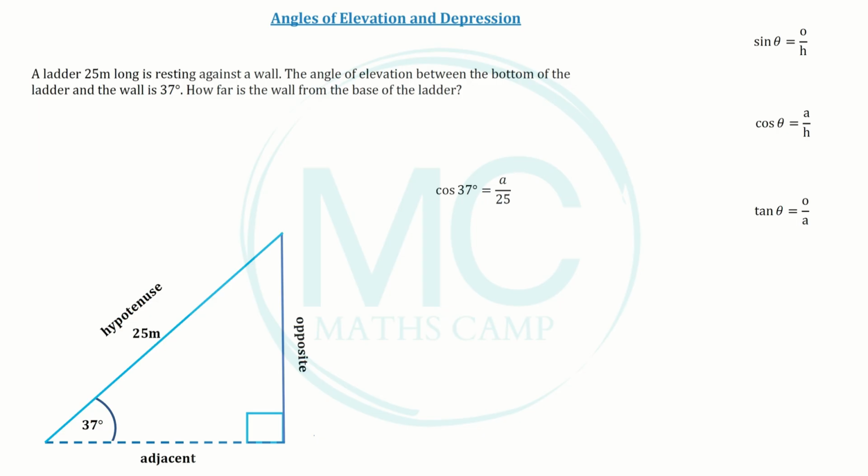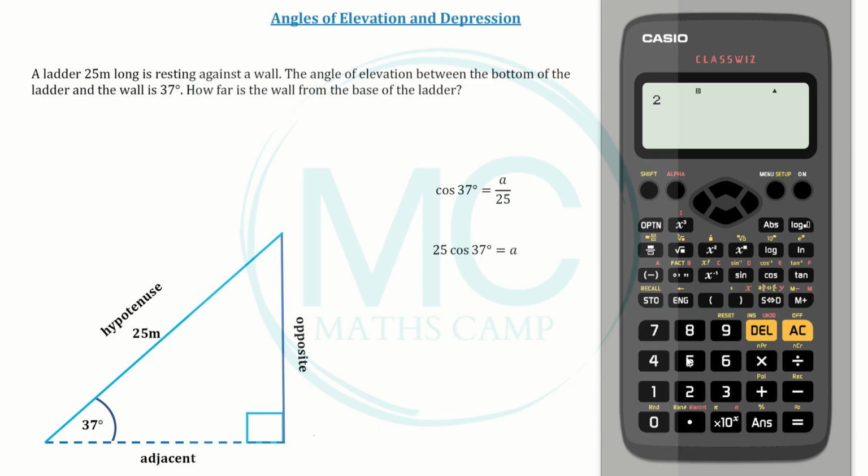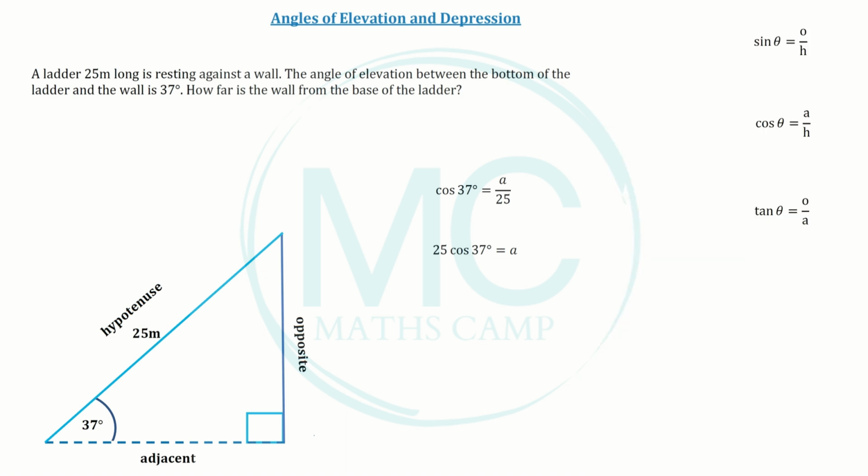To get A by itself, let's multiply both sides by 25, and we get 25 multiplied by cos 37 degrees is equal to A. Now we can take our calculator, and we say 25 multiplied by cos 37 degrees, close the bracket, is equal to 19,965. Let's round off to 2 decimal places, and we see the adjacent side A is equal to 19,97 meters.